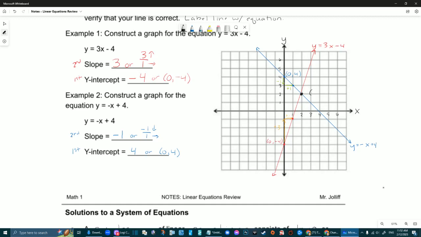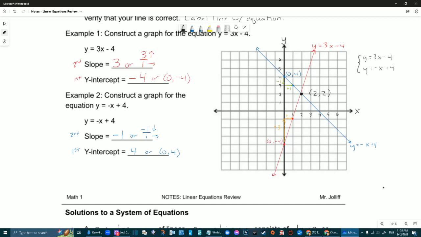And that looks like that is at 2, 2. So the solution to the system of equations y equals 3x minus 4 and y equals minus x plus 4 is the point 2, 2.